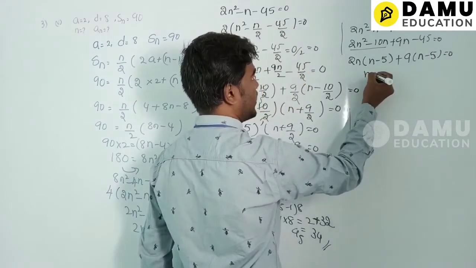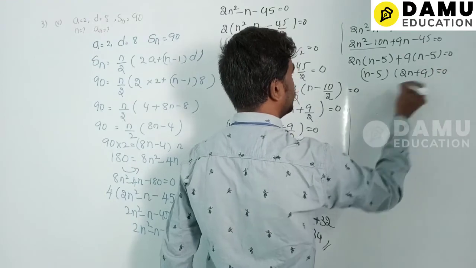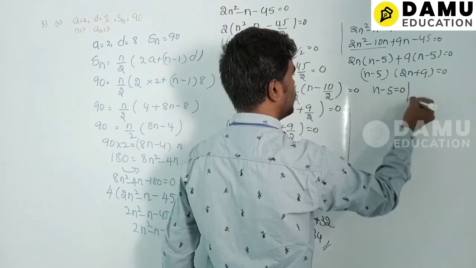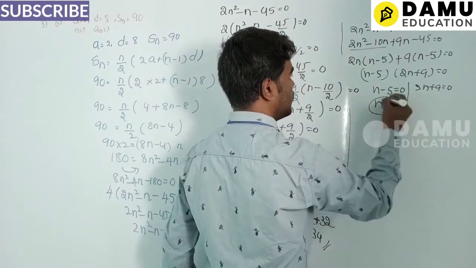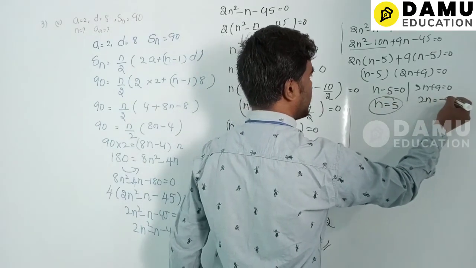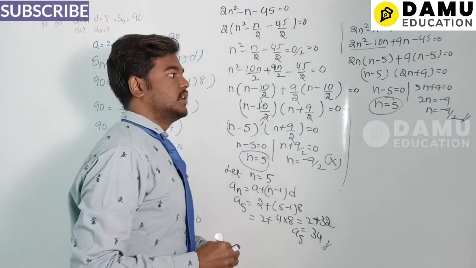So n minus 5 into 2n plus 9 will be equal to 0. So n minus 5 equals 0 or 2n plus 9 equals 0. So n will be equal to 5 and n will be equal to minus 9 by 2.